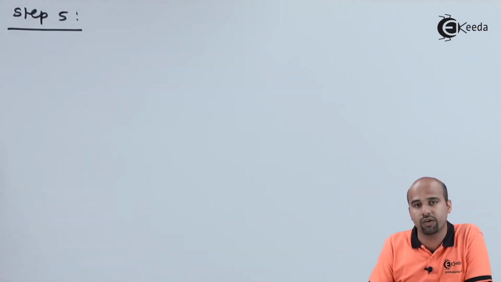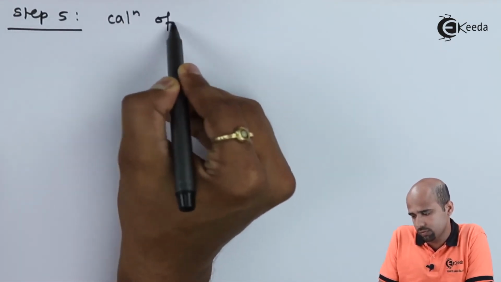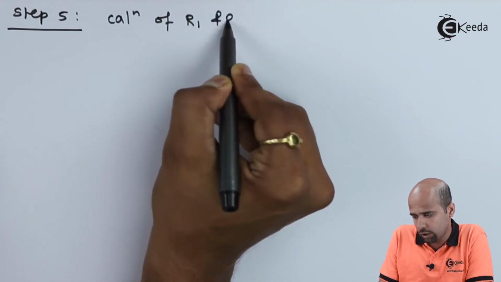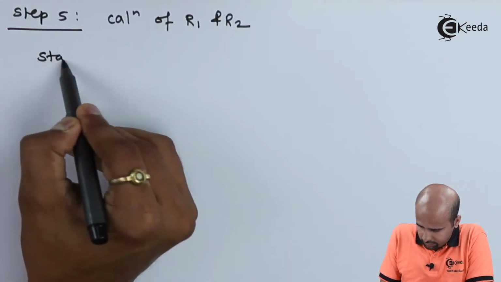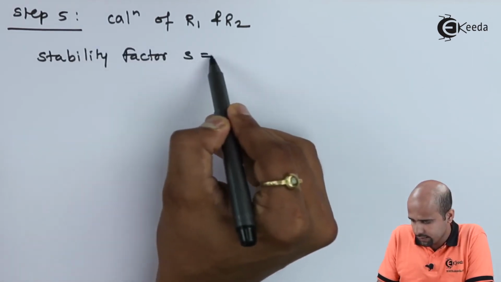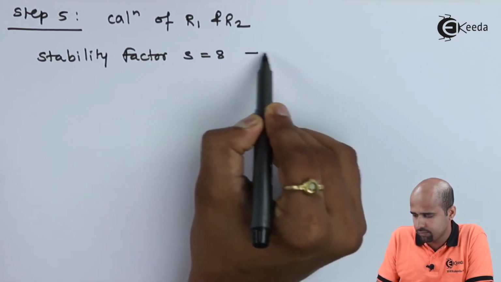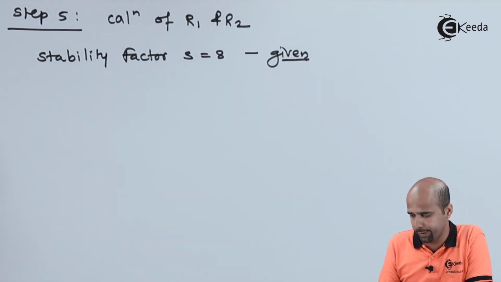Now in step number 5, we proceed to the calculation of R1 and R2. I know that the stability factor S is given as 8, which is a given parameter from the customer requirement.